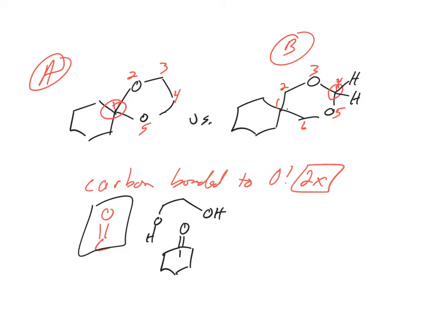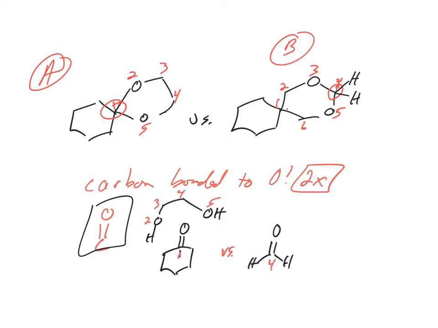Number our carbons: 1, 2, 3, 4, and 5. All right, there's 1. So you see that protecting group. Now for the other one, 4 had 2 hydrogens on it, so it's this. It's an aldehyde. That's 4.